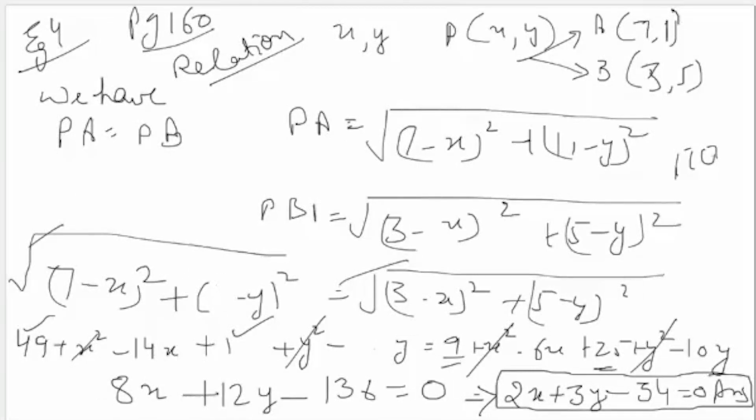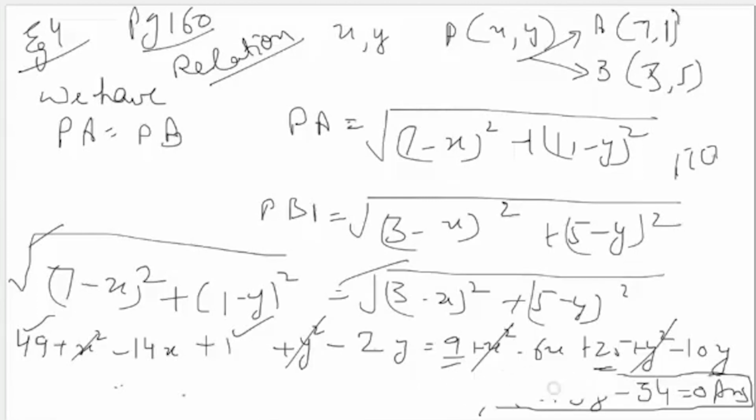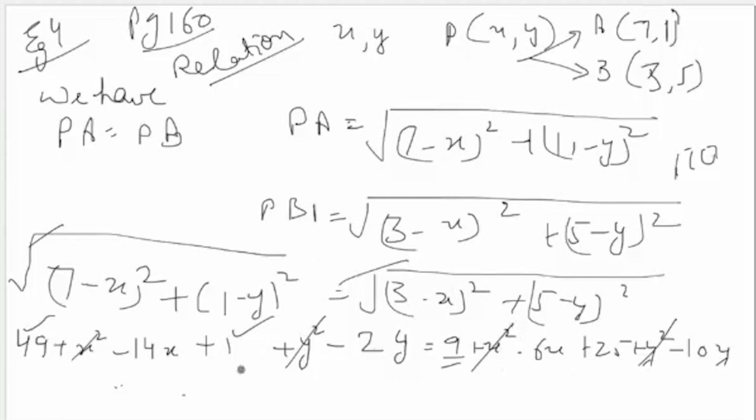Am I audible, beta? Yes, ma'am, you are audible. Okay, 1 y square minus 2y. Just find the corrections, we will be doing the corrections. Any other mistake you may check, otherwise we won't get the right answer again. Now, in the x terms there is no change, so we'll get 8x only.